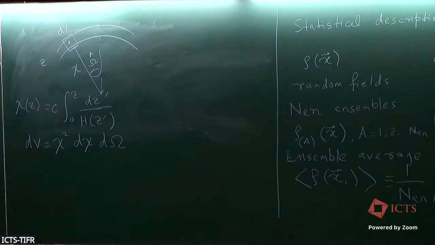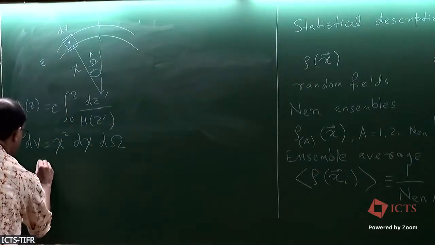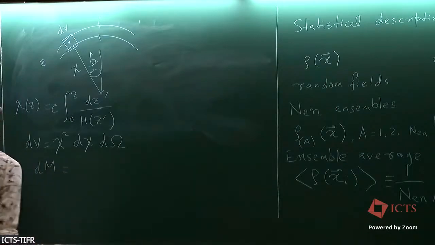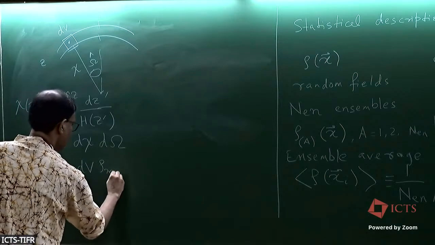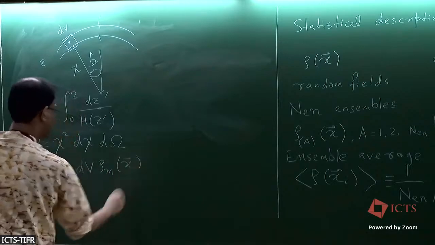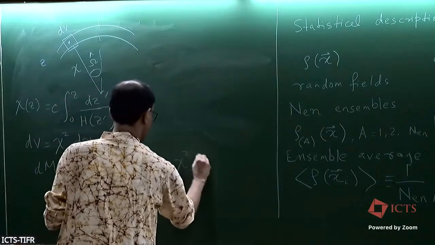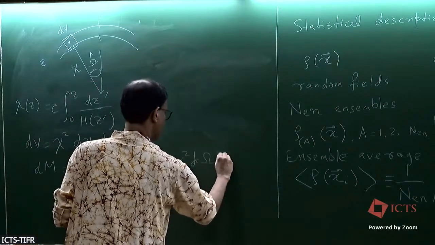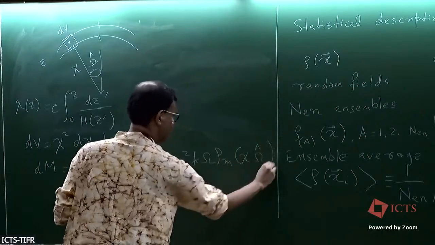And suppose I calculate the number of objects in that volume, or since we are working with rho, suppose I calculate the mass within that volume. So dM will be nothing but dV times rho m of x, that is nothing but chi squared d chi d omega, rho m evaluated at, I'm just writing it as, chi omega.